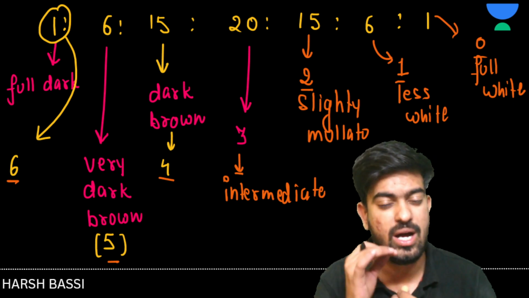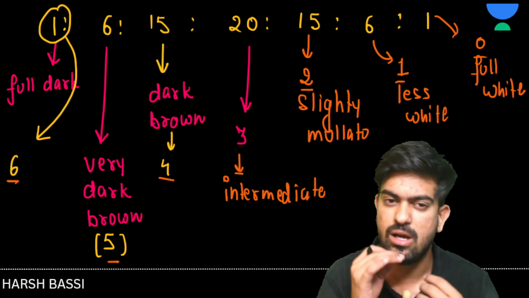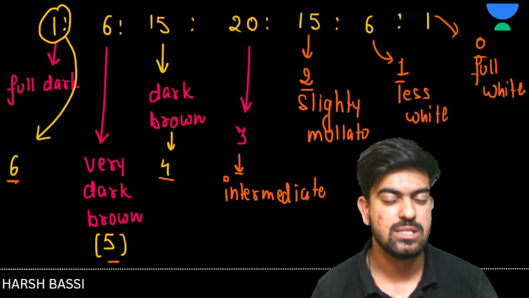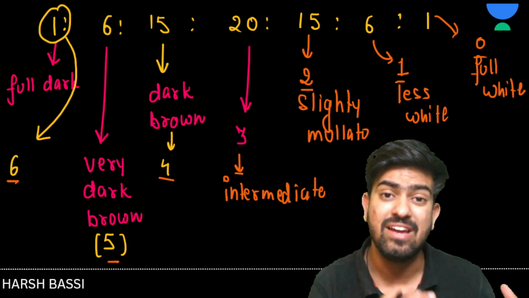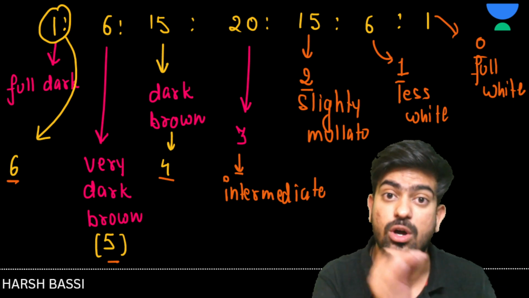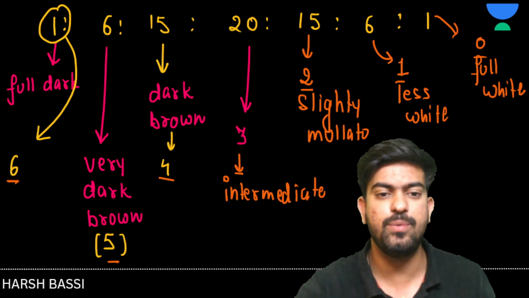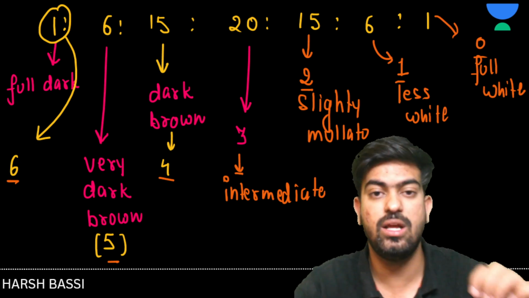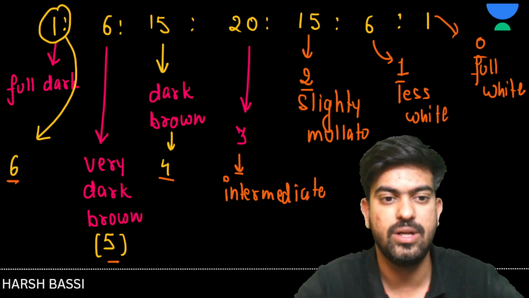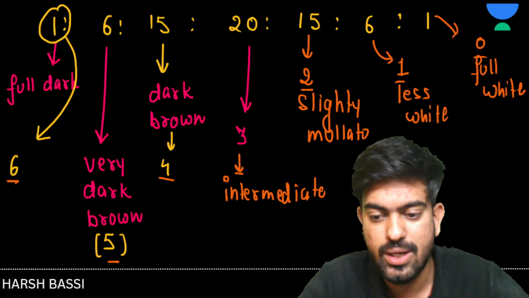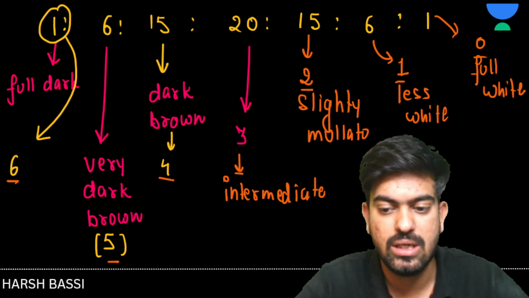With the quantitative inheritance, the number of dominant alleles is affecting the phenotype. Clear to everyone? Any doubts, let me know in the comment section. No doubts? Great.